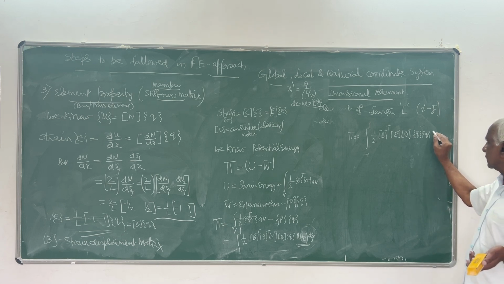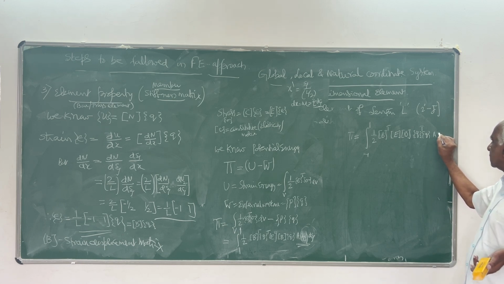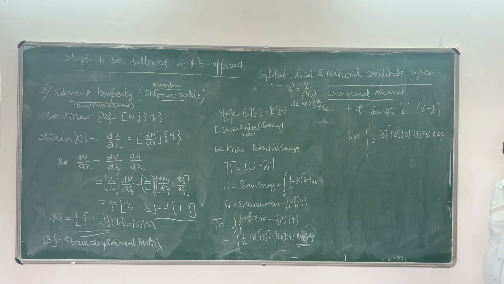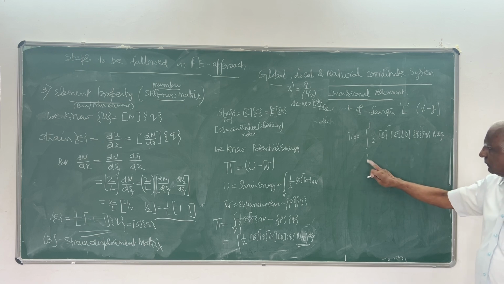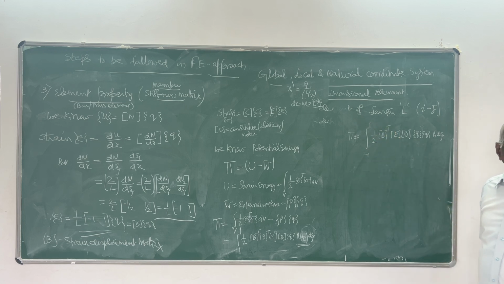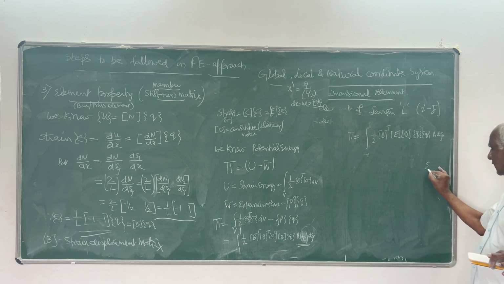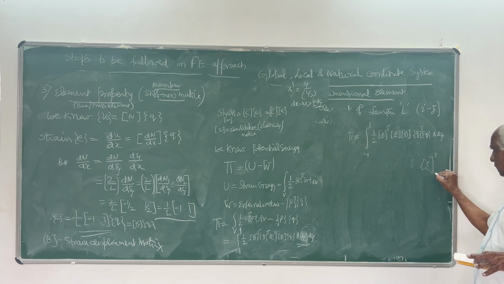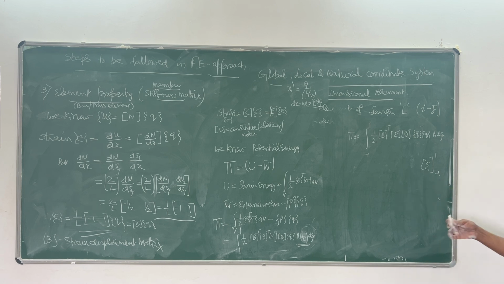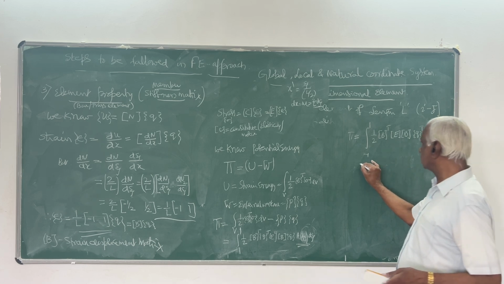So this is A into the integral of d psi. The integral of d psi is psi between limits minus 1 to 1. That is 2. Correct? Upper limit 1 minus lower limit minus 1, it is 1 plus 1. This will be 2 straight away. So this integration will become 2.